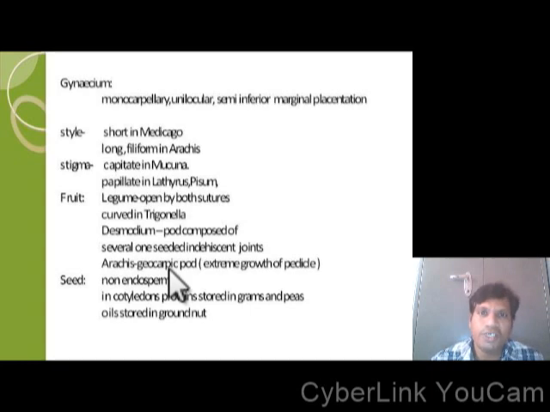Before pollination, the flower is present outside. Whenever the pollination is over, the pedicel of the flower shows extreme growth, then the flower enters into the soil. So the fruit or the pod which develops inside the soil is known as a groundnut. And the seed is an endospermic seed, where some cotyledons, all the grams, contain proteins, and the groundnut contains oils. This is about the seed.